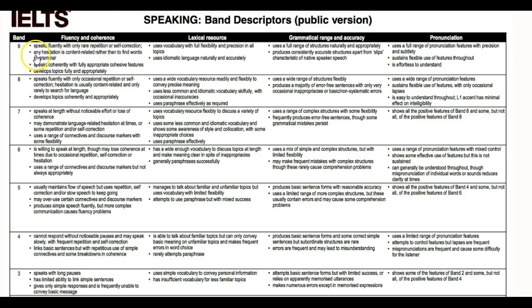Let's look at the second bullet. It says any hesitation is content related rather than defined words or grammar. So again, this is the kind of characteristic that you would find in native speaker speech. Even if you listen to some of my podcasts, you'll see that I say a lot of ums and other types of hesitation where it's not that I can't think of the vocabulary word that I want.